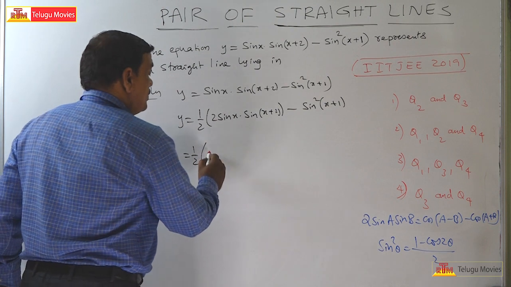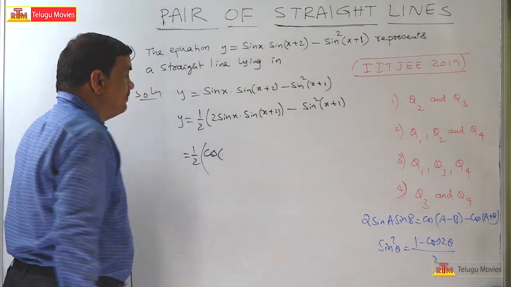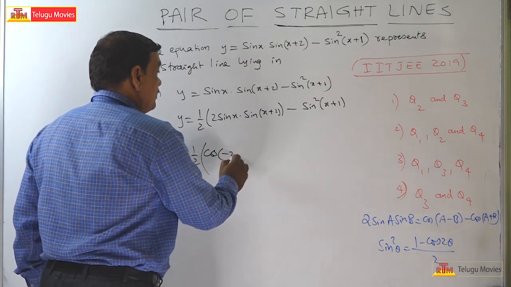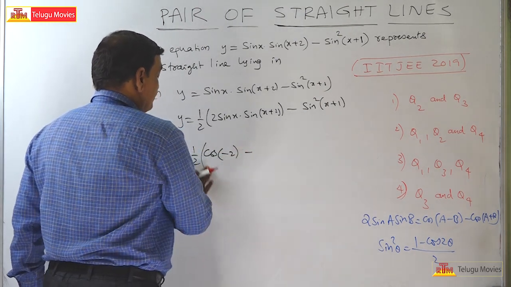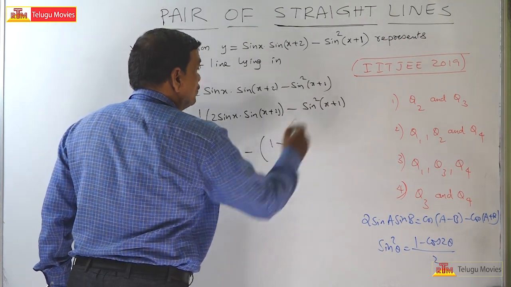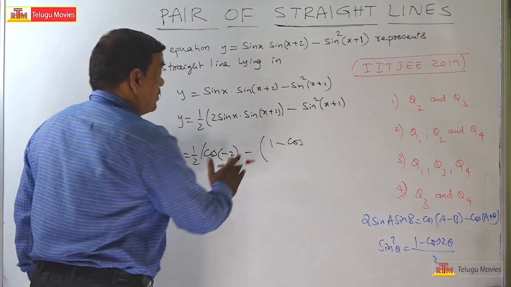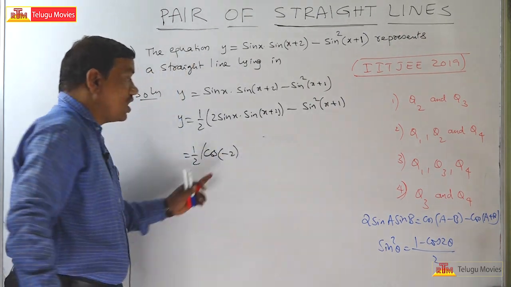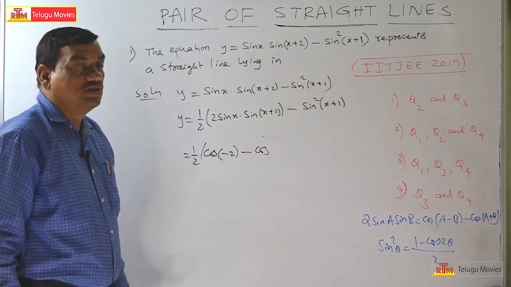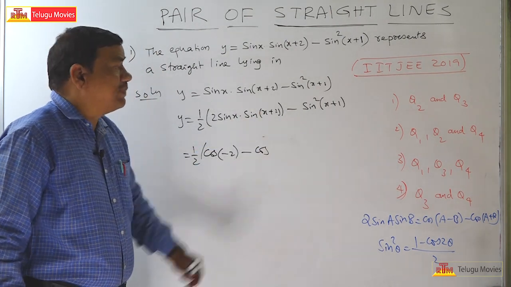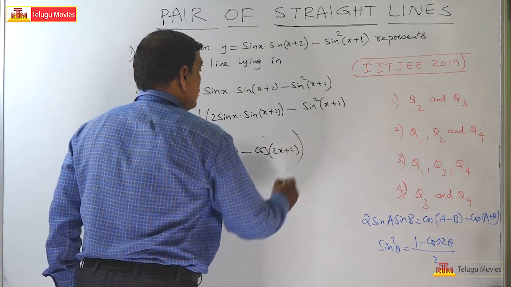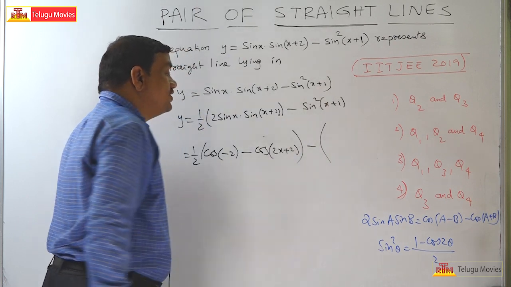So this is equal to cos(A minus B), that is x minus (x + 2), minus cos(A plus B). If you add these two, x plus x, 2x plus 2. So this is equal to cos(2x + 2) minus sin² theta.